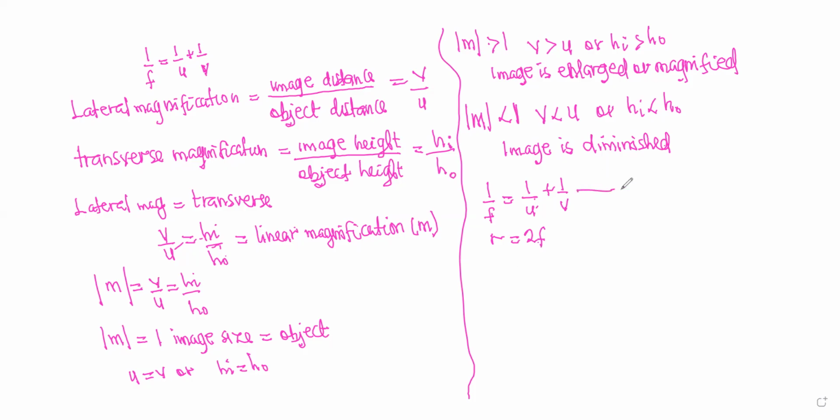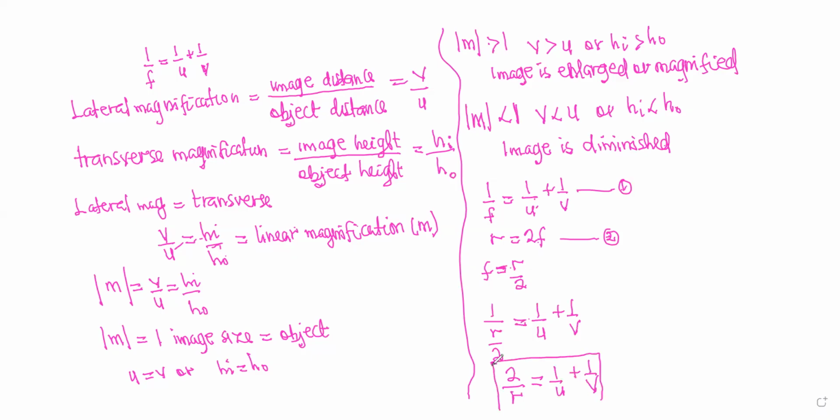When I make F the subject, F is R on 2. I can substitute it into the mirror formula to have 1 over R on 2 is equal to 1 over U plus 1 over V. So this becomes 2 over R is equal to 1 over U plus 1 over V. This is another way of expressing the mirror formula.